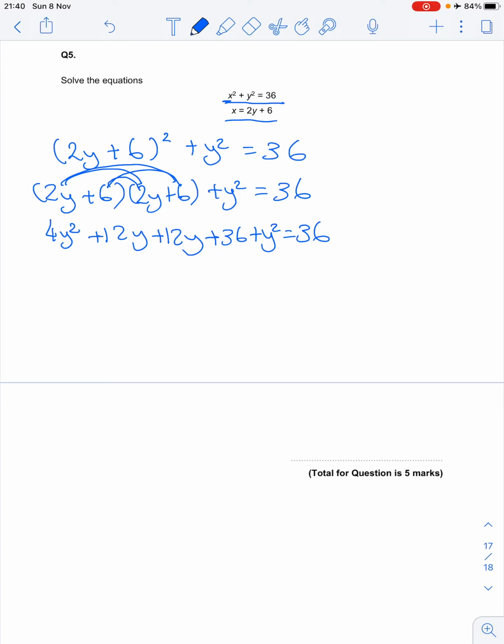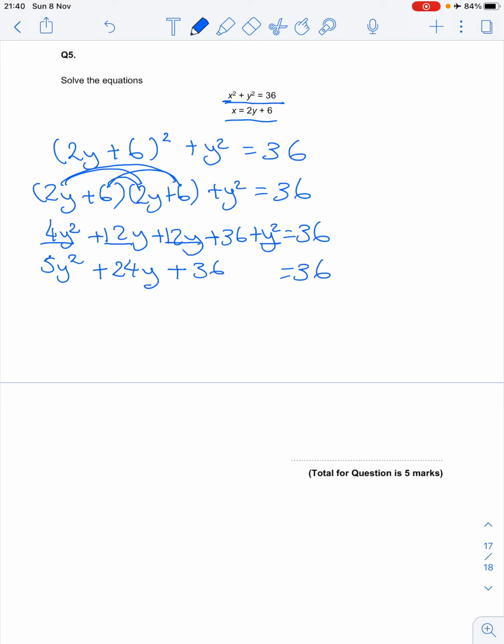Now we're going to simplify the equation. So y squared terms, I have 5y squared. y terms, I have plus 24y, then plus 36 equals 36.